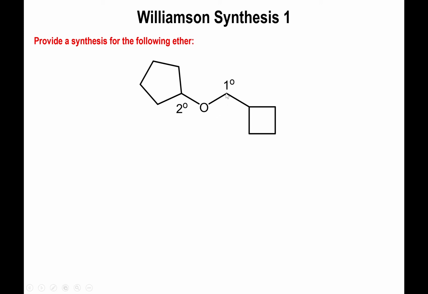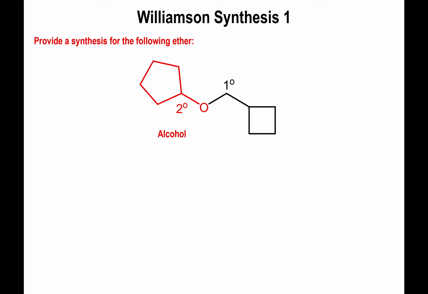And if you look here on the right side, this carbon is actually primary, whereas the carbon right here is secondary. So what this is telling you is that out of the two options, you want the carbon that is primary to become your alkyl halide, and then the secondary carbon to contain the oxygen from the very beginning. In other words, you want what we've highlighted here in red to be your alkoxide.